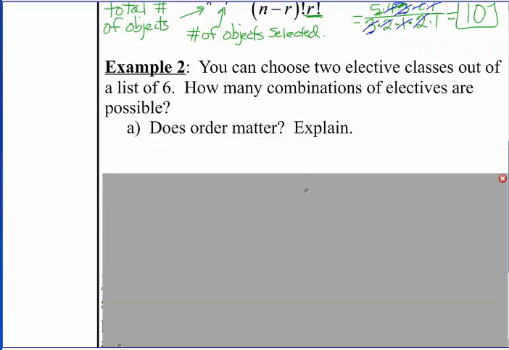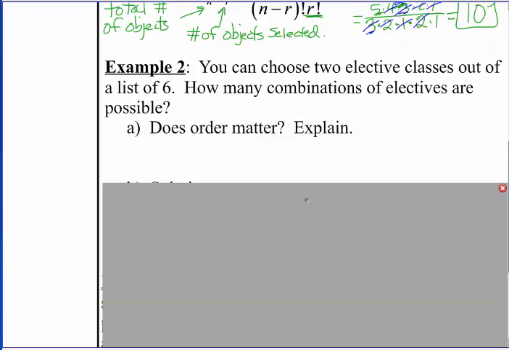So next example. We're choosing 2 elective classes out of a list of 6. So we want to know how many combinations of electives are possible. So the first question you have to answer anytime you're looking at any of these problems with combinations and permutations is, does the order matter? Does it make a difference? Is there order to what I'm selecting? In this particular case, if you think of elective classes, if you have to pick two, it doesn't really matter the order in which you've picked them as long as you get the two electives that you want.